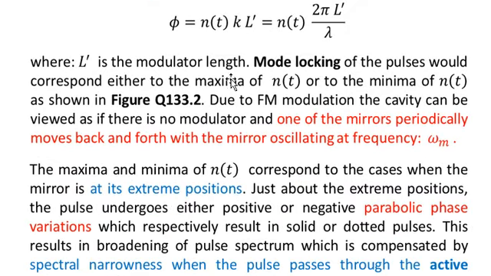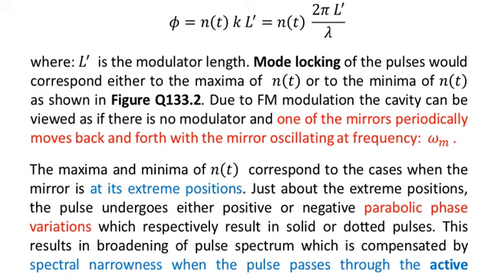Mode locking of the pulses would correspond either to the maximum of the n of t curve or to the minimum of the n of t curve, as shown in figure number 2, because n of t is being varied sinusoidally by the FM modulator.